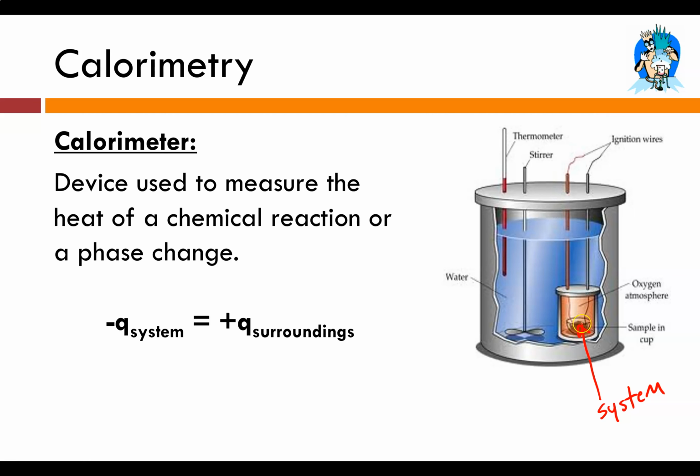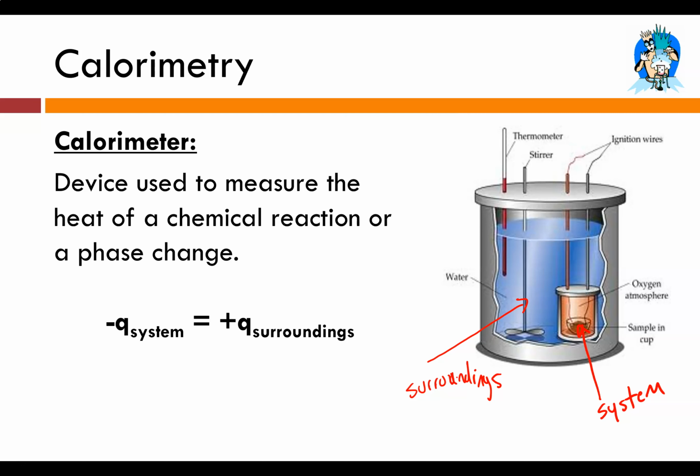It's going to be difficult to measure how much energy is getting given off by the flame. You can't just stick a thermometer in there. But we can measure what happens to the surroundings, in this case, the water. We can work backwards to figure out how much energy was lost by the system, because it has to be equal to the amount of energy gained by the surroundings. Wow, that is some bad handwriting. My apologies, chemists.